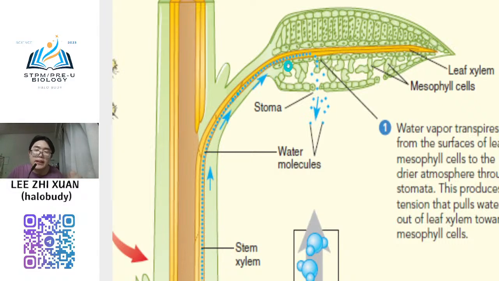Dia akan tarik water banyak, kerana dia kena replace, kerana dia kena gantikan air dekat sini. Kerana air sekarang dia macam pipe lah, awak boleh ingat macam pipe. Ini pipe dia dah open, so water molecule akan keluar. So awak kena ambil air lagi.